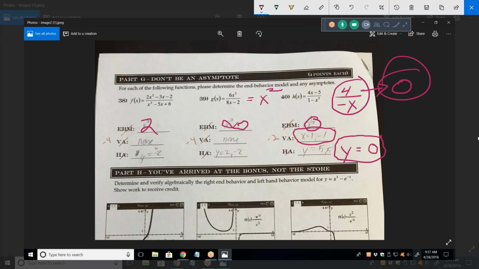Just like a vertical asymptote is an equation of a line. And in fact, I'm surprised she didn't get upset with you not saying this.